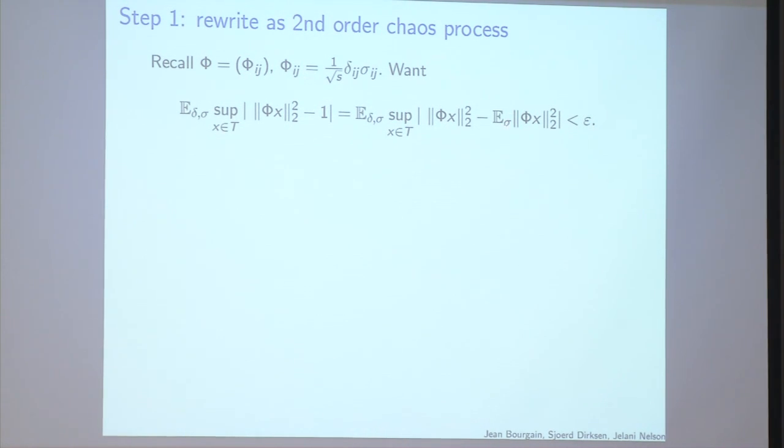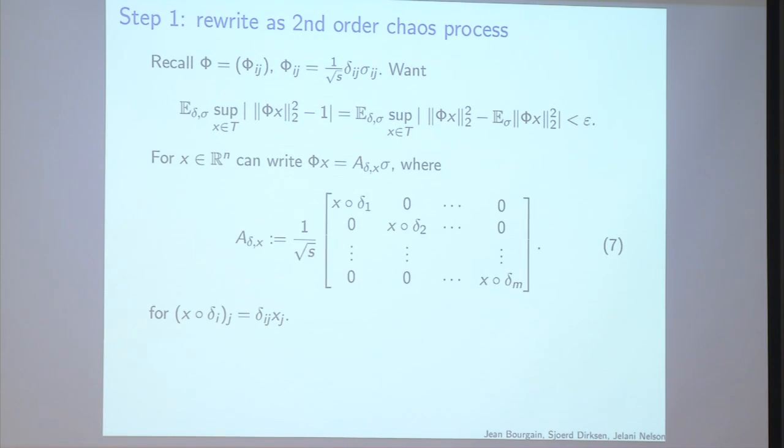If I take the expectation with respect to sigma here, remember that sigma are the random signs used in the original matrix, and these delta_ij model which of these I keep in the matrix if they're 1, and if they're 0, I zero these random signs out. I know that this map will be an isometry in expectation. Since all my vectors lie on the unit sphere, this expectation is always 1.